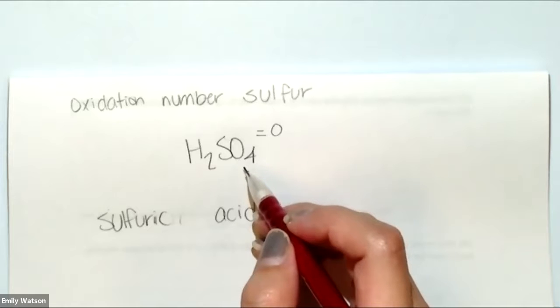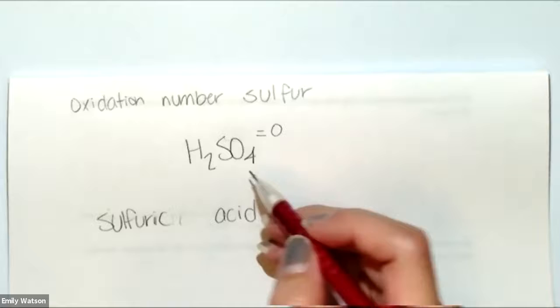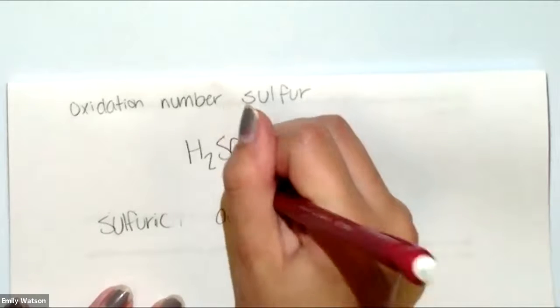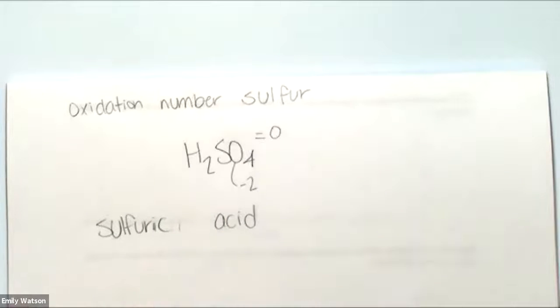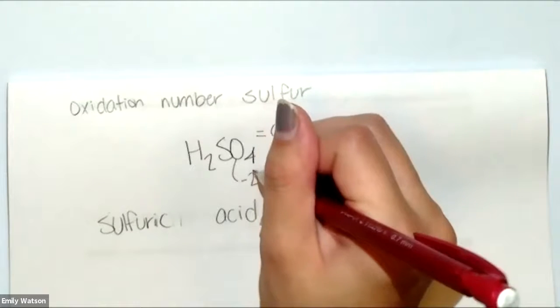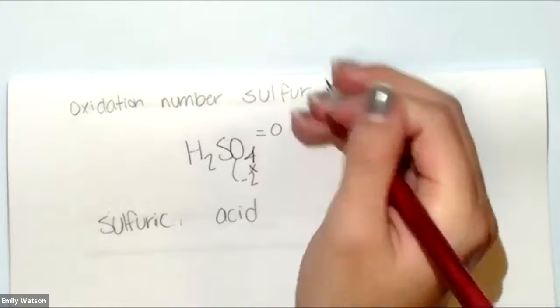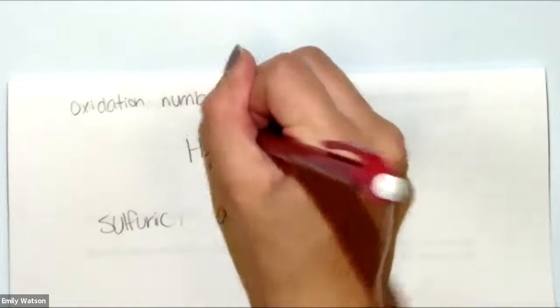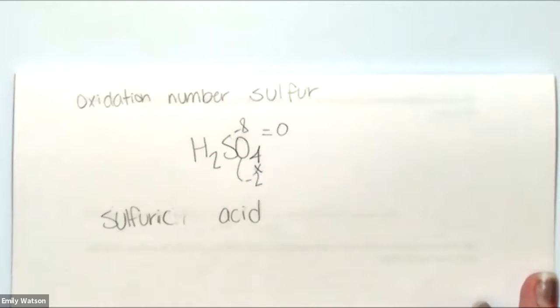What is it? -2. And how do we find the -2? Yeah, from its placement on the periodic table. Since we have 4 oxygens, we're going to times it by -2. It's going to give us a total of -8 for that oxygen.